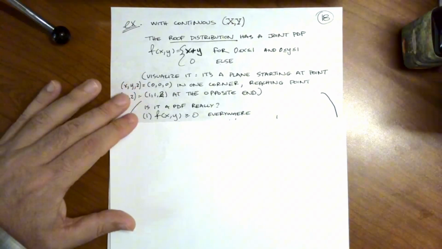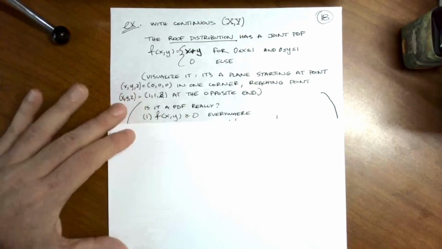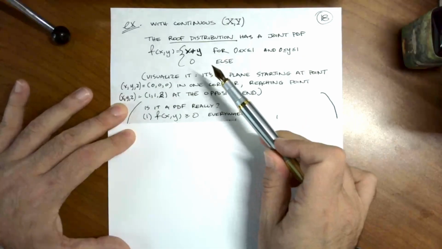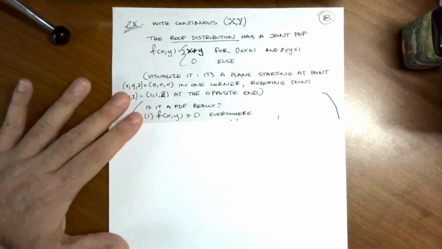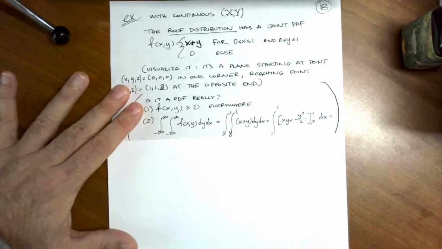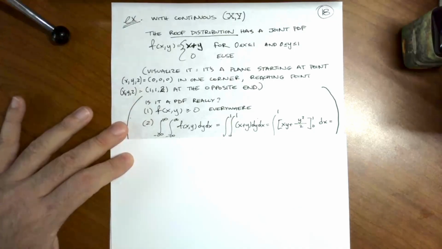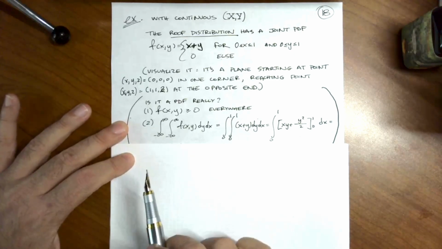The f, lowercase f, has to be non-negative everywhere, and we can verify pretty easily that for these ranges of x and y, this is truly going to be a non-negative function. And then the second property has to do with, well, if you sum up across all values of x and y, are you going to be arriving at the value of 1 for this effectively double integral?